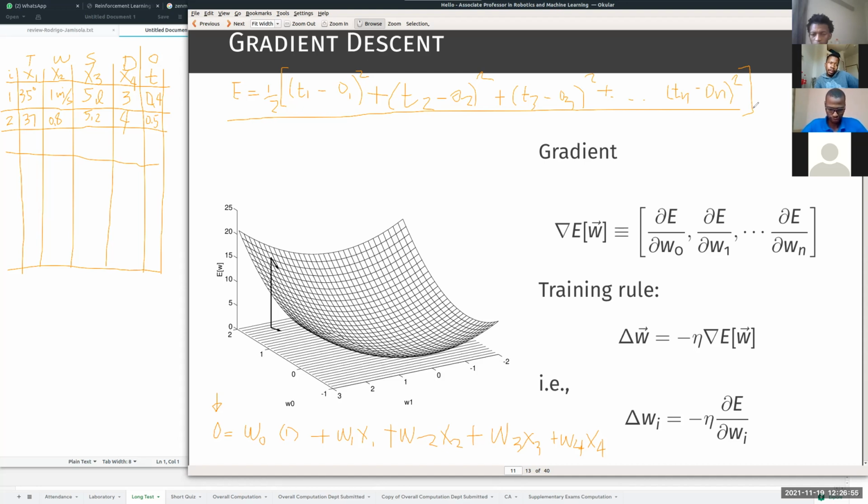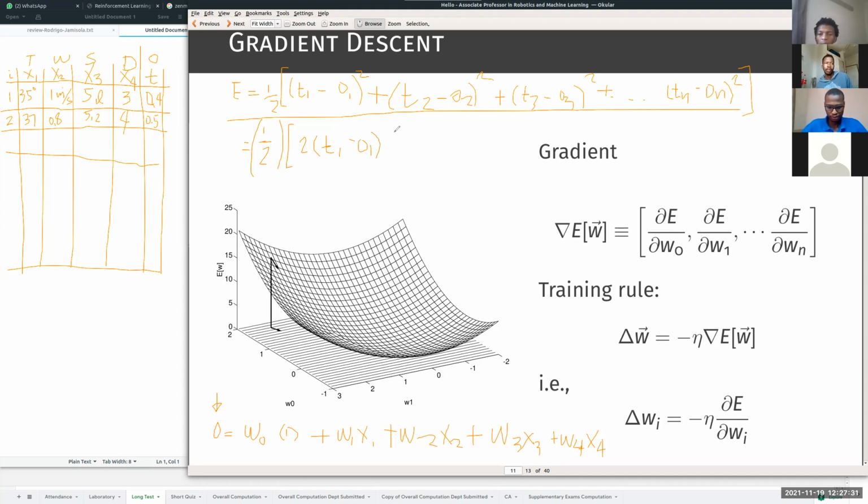So where is it here? In this case, we have 1/2. When we take the partial of this, we can take the summation, so we can remove this, and each term is multiplied by 2 times T1 minus O1, and then the derivative of this one. What is the derivative of this one?